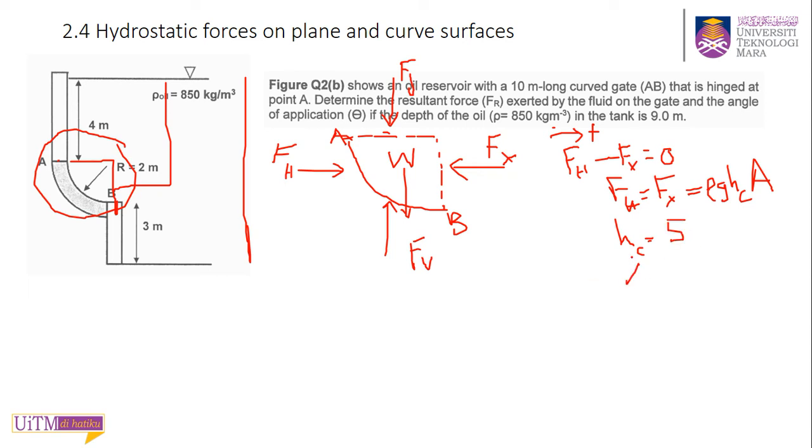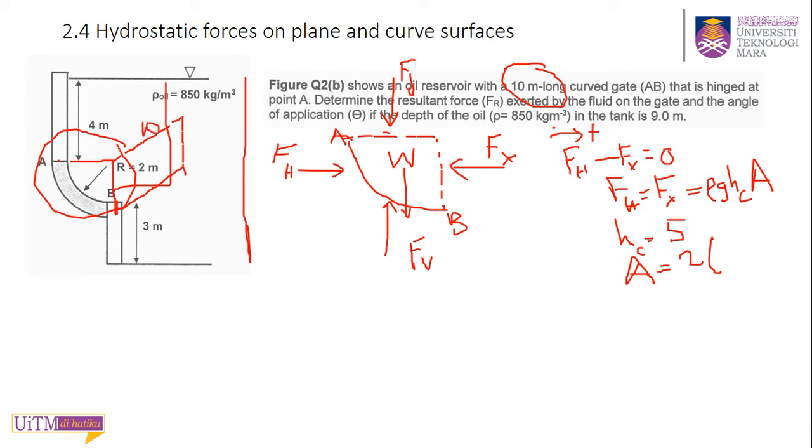Your A is 2 times the width. What's the width? 10, sir. I gave you 10 meters, right? It's like this, the rectangle goes 10 to the back.